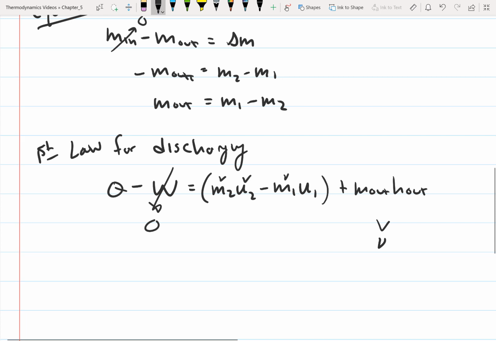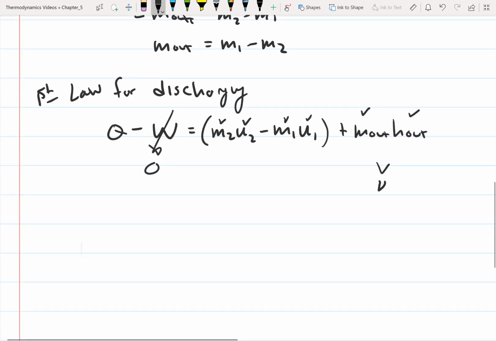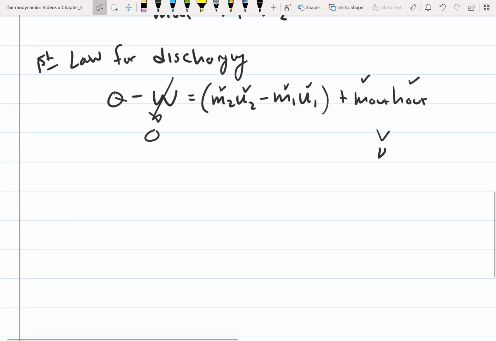We can look up the internal energy at state 1 and state 2. And then for the mass out, we're going to do the same thing. We know the volume, and we're just going to look up the specific volume at the conditions for the outlet, and then we can look up the enthalpy for the outlet. So let's look up our data now.